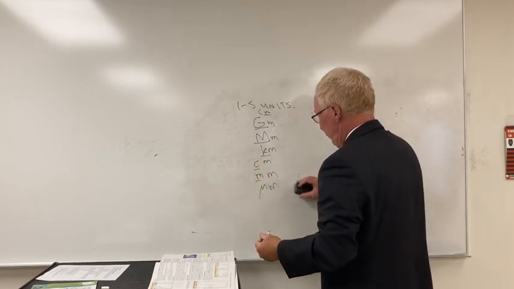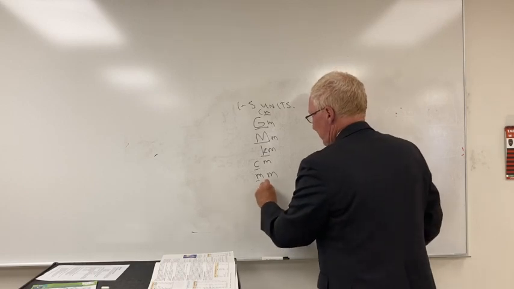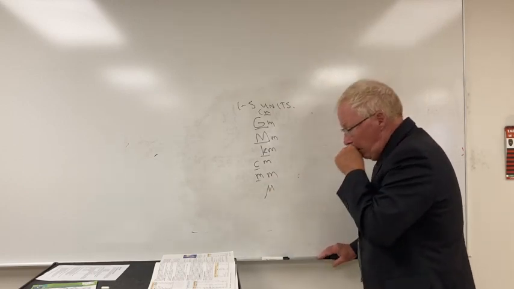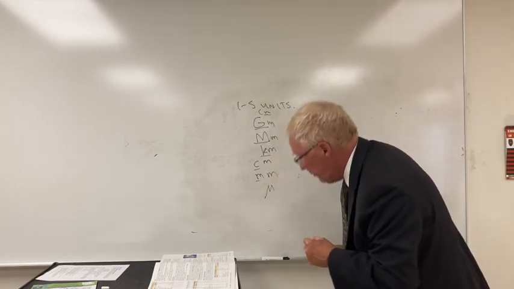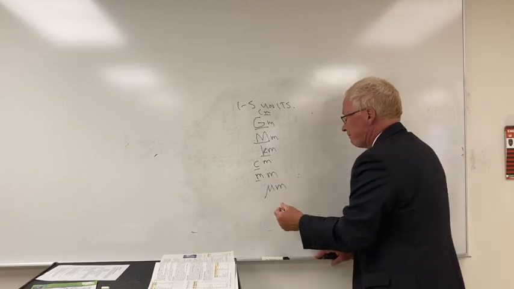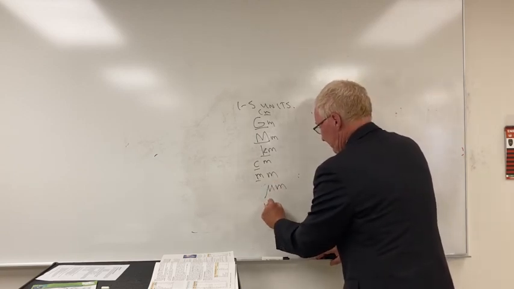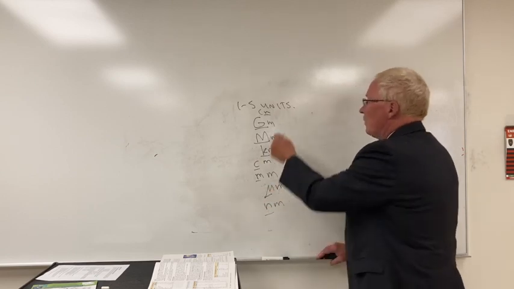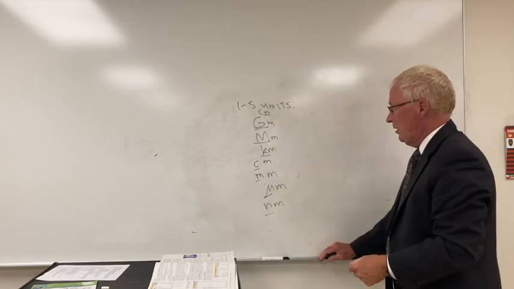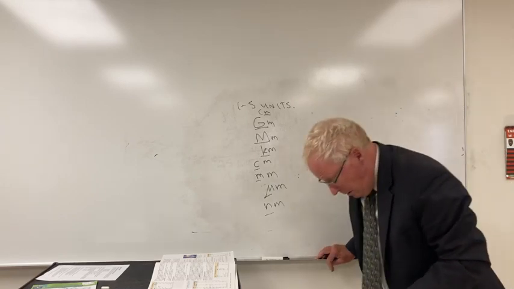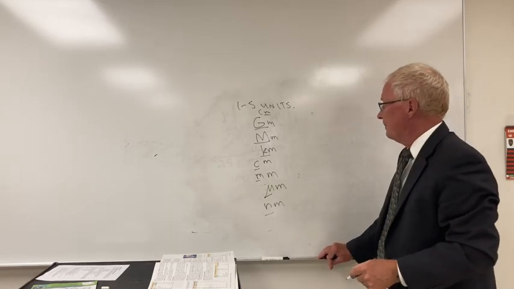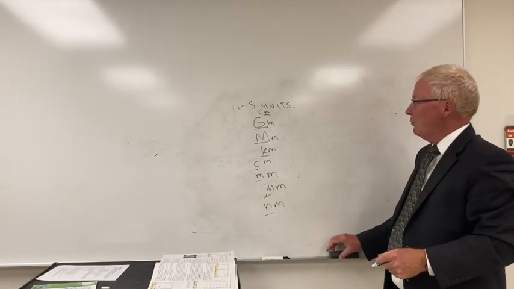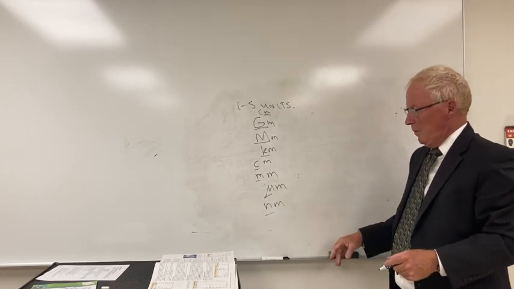Micron, you actually don't normally use that, just write it as the Greek letter mu, or you could write um. And then nano. Again, this would be the prefix, from the Greek language. These are the standard ones we'll be using for this semester. We don't normally go bigger than that. We don't normally go smaller than that.